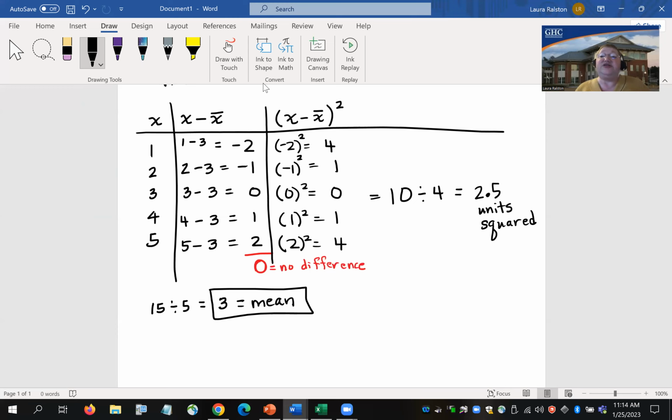Again, if that variance value or the standard deviation is what we would term large, that implies that my data is very spread out or dispersed. If it is small, or what we would consider small, that means that my data is closer together. It's not as dispersed.